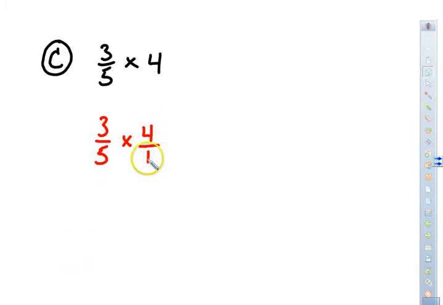Because isn't 4 divided by 1 4? That's how we do it without changing the value of it. So now we look, are there any ways we can cross-reduce any of these numbers? And they are not. Therefore, 3 times 4 is 12, and 5 times 1 is 5.